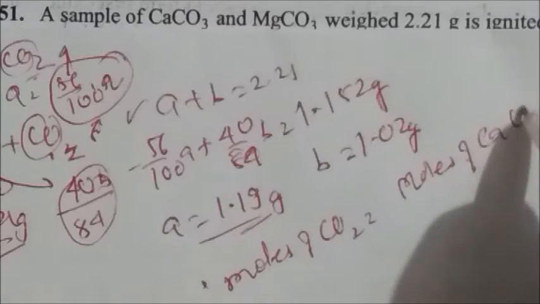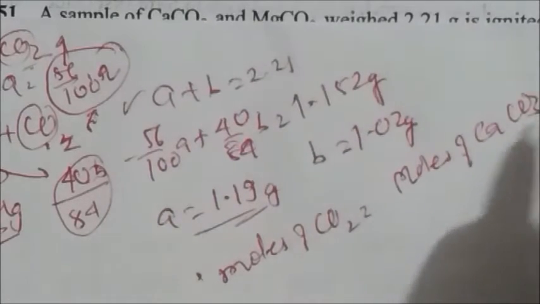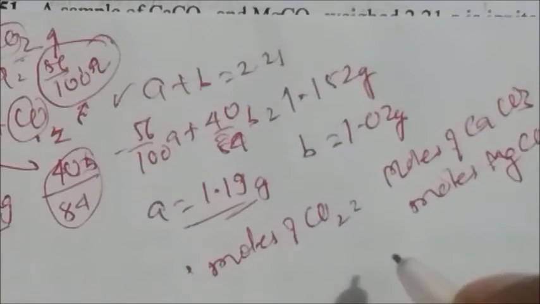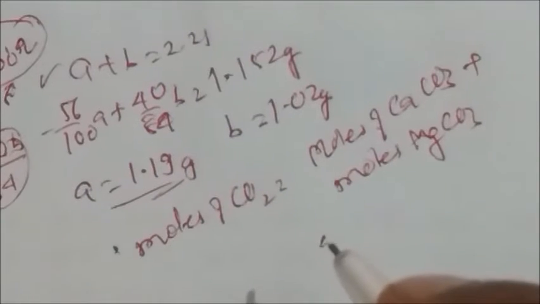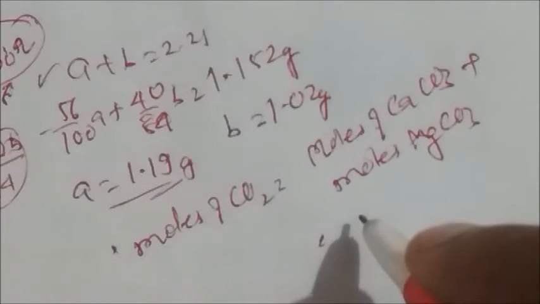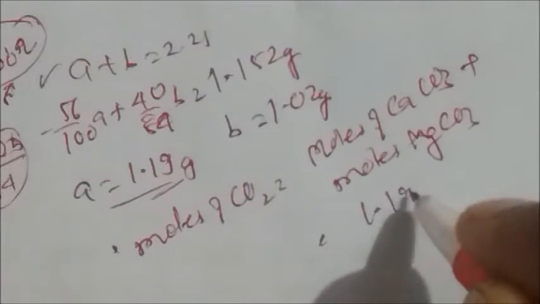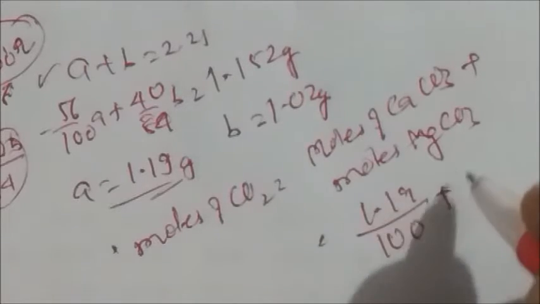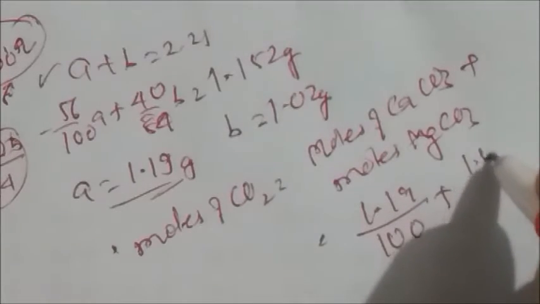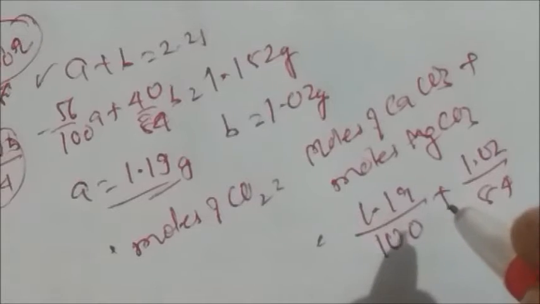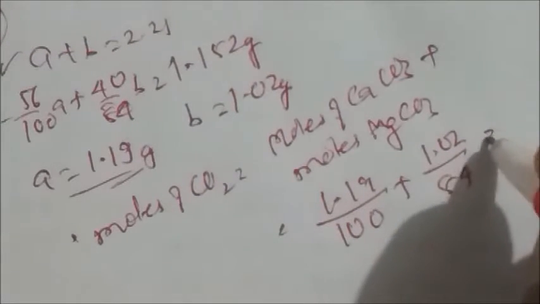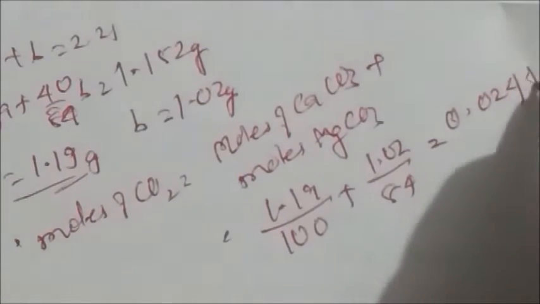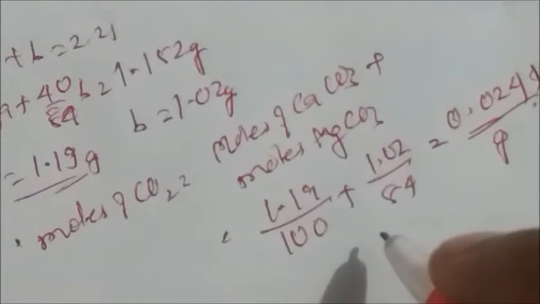In terms of A and B, the moles of calcium carbonate will be 1.19 grams divided by 100, and for B the moles of magnesium carbonate will be 1.02 divided by 84. If you solve it, you will get 0.024. So already I have calculated, this is the total moles of carbon dioxide.